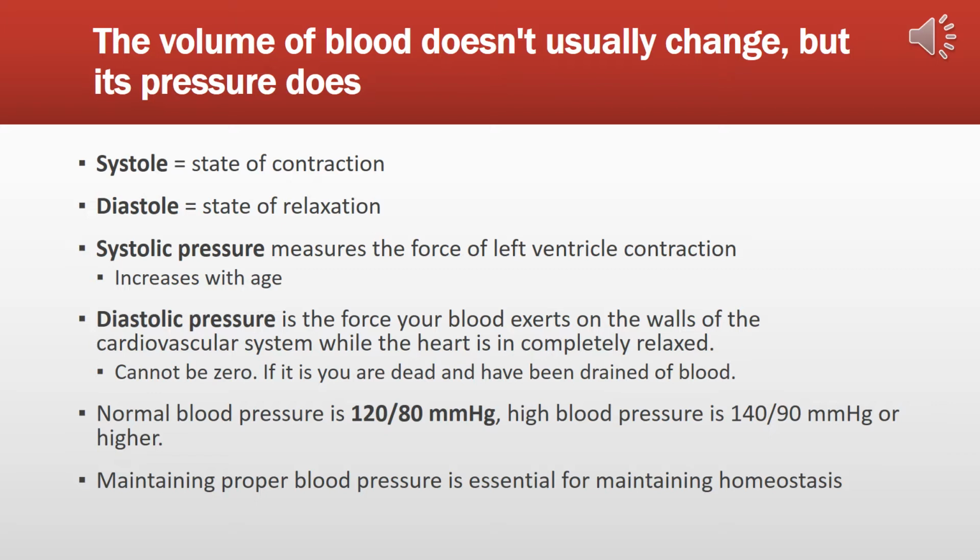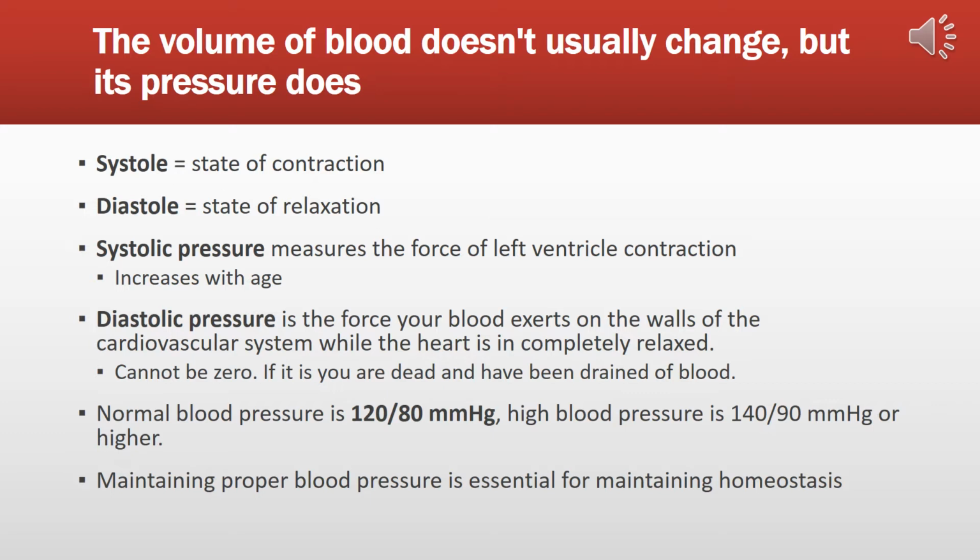So systolic pressure is the measure of the force produced by the left ventricle contracting, and this increases with age, whereas diastolic pressure is the force the blood exerts on the walls of the cardiovascular system while the heart is completely relaxed.